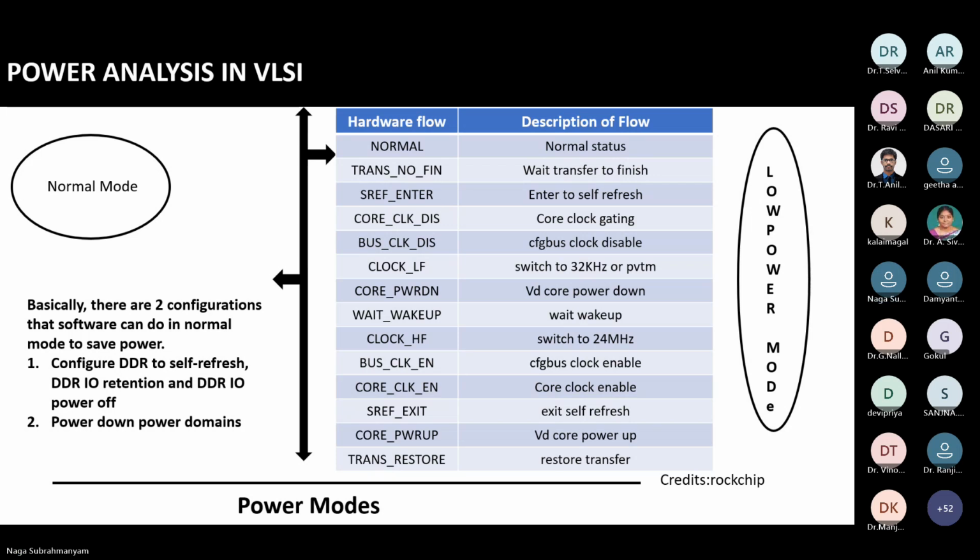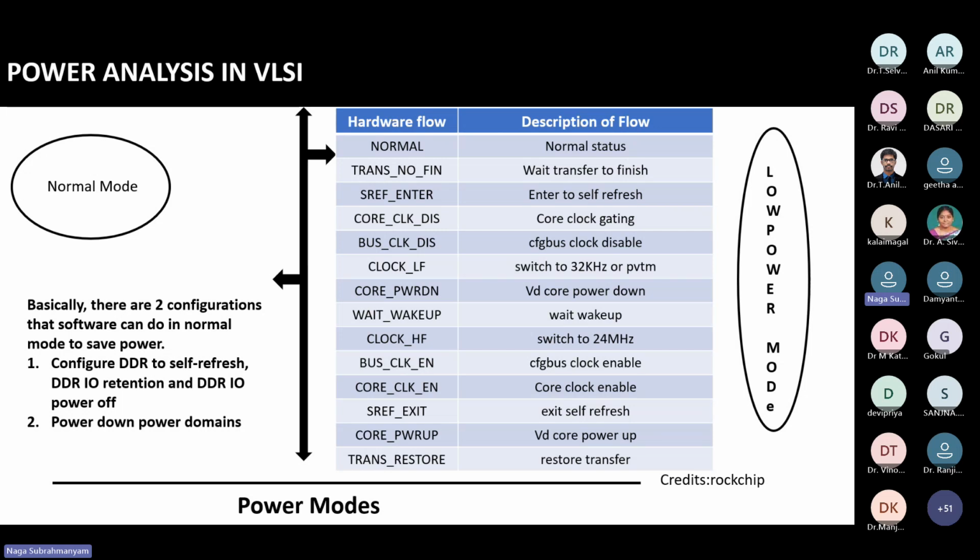See here, when it is in the normal mode, there are only two configurations. Configure your DDR memory to self refresh, DDR IO retention, and DDR IO power off. I will tell you what retention is. For various power domains, we need to power down in the normal mode.